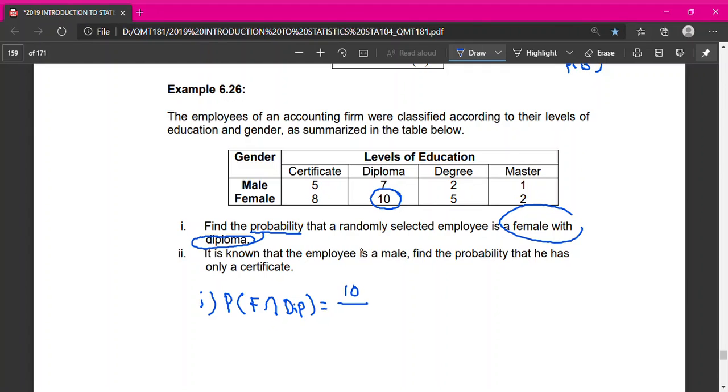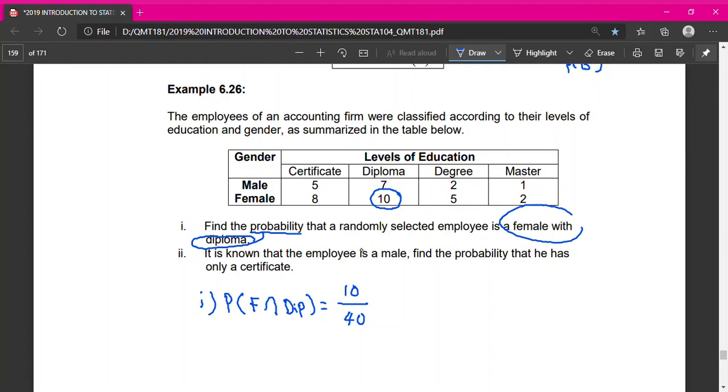Kena bahagi dengan sample size. Sample size maksudnya semua sekali bilangan. So, total of this adalah berapa? It's 40. Female with diploma maksudnya female intersect diploma. Dia nak dapatkan probability.